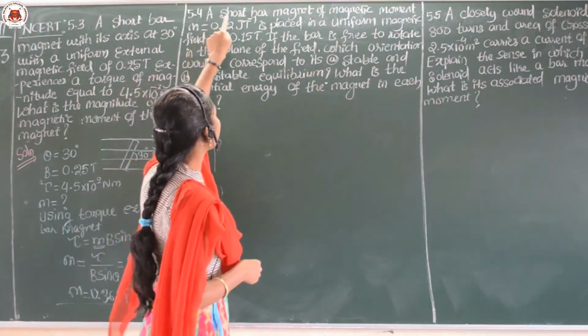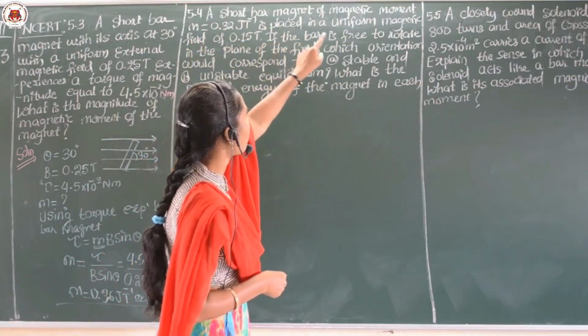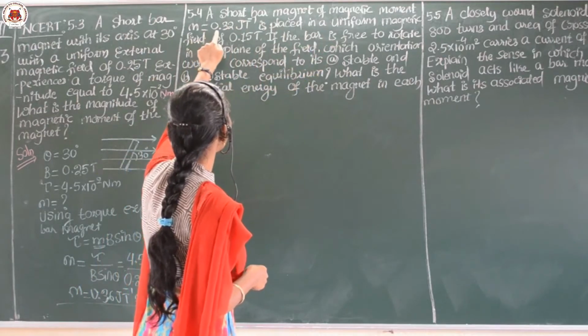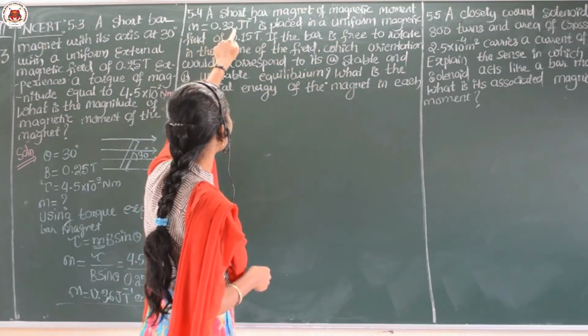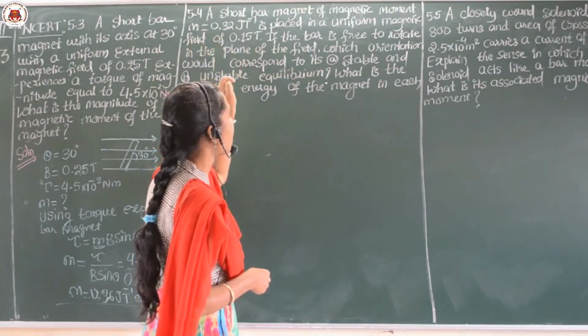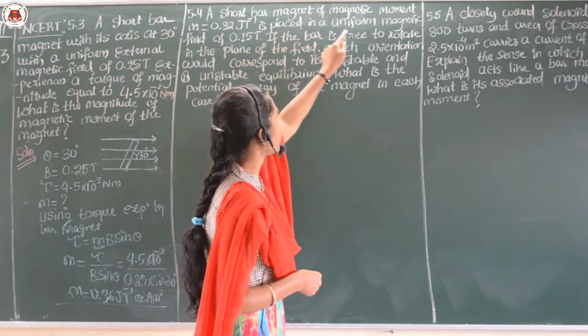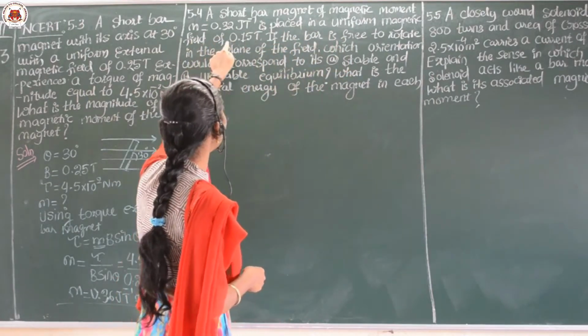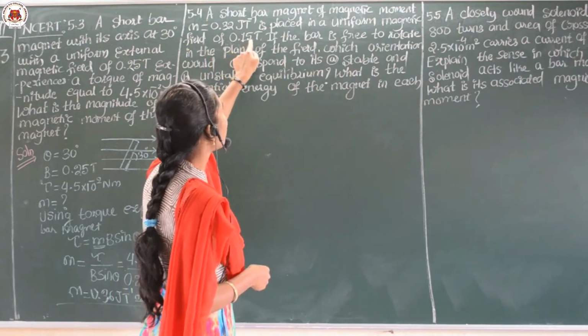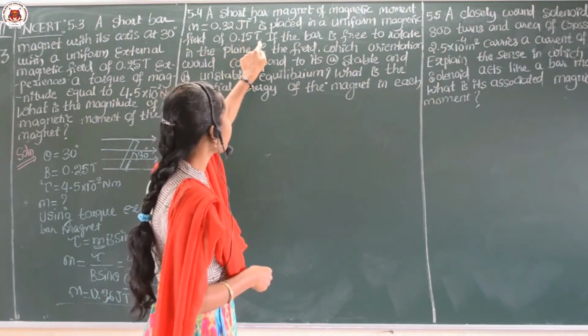Okay? Yes. Coming to the second numerical, that is 5.4 in the NCERT textbook. A short bar magnet of magnetic moment m equal to 0.32 joules per Tesla is placed in a uniform magnetic field of 0.15 Tesla.